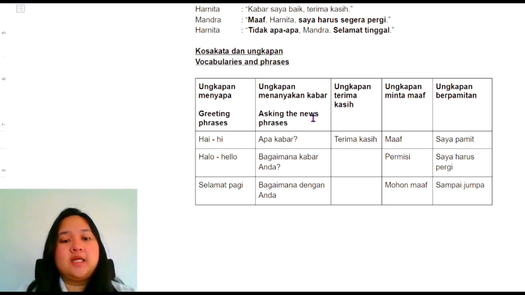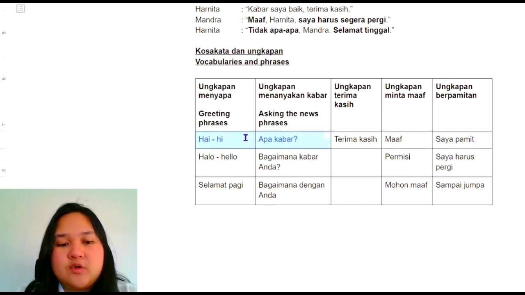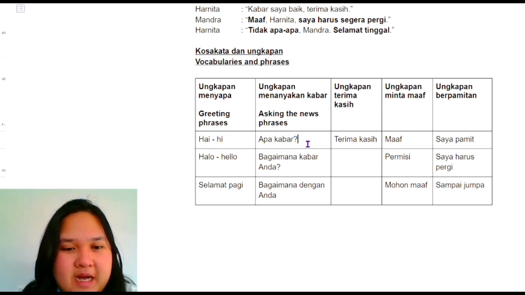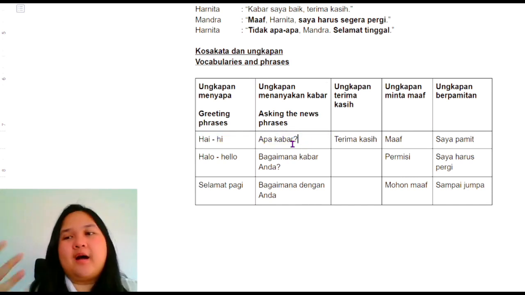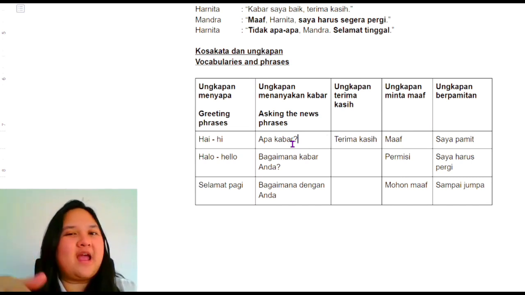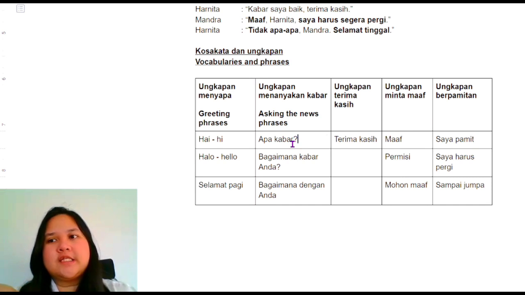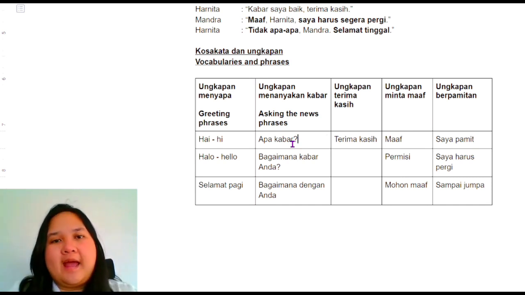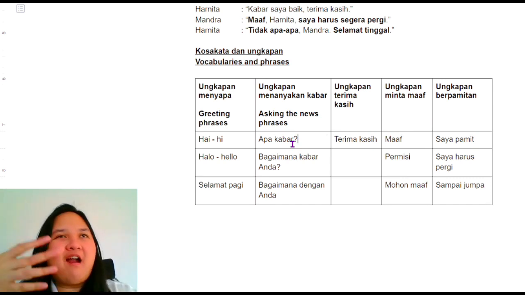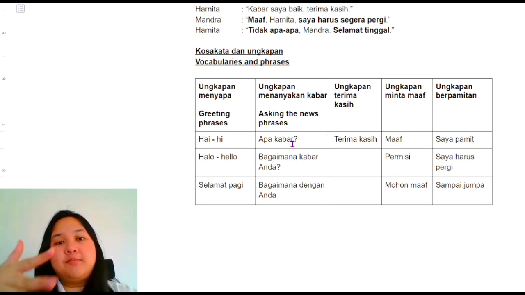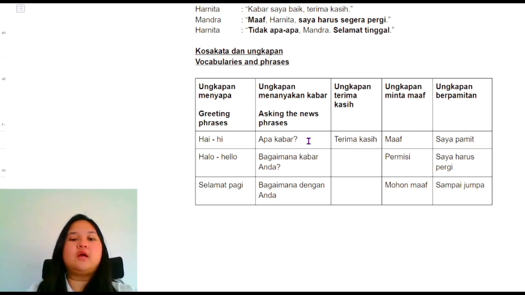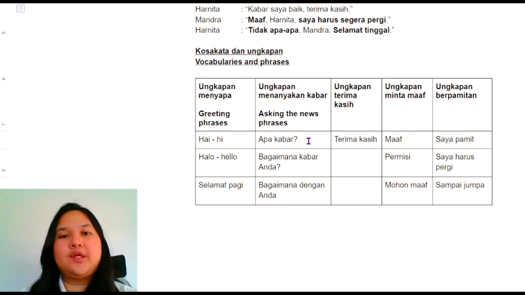Let's see now. The first one, the most common is apa kabar. R. Don't forget the R. I know it's a bit hard for English speakers, for example, to pronounce R. But keep trying, keep trying rolling the tongue.